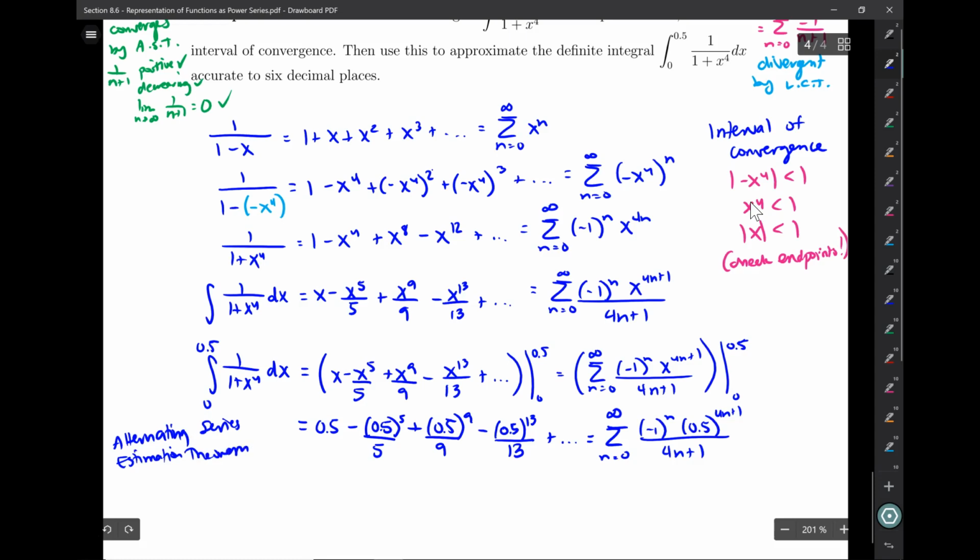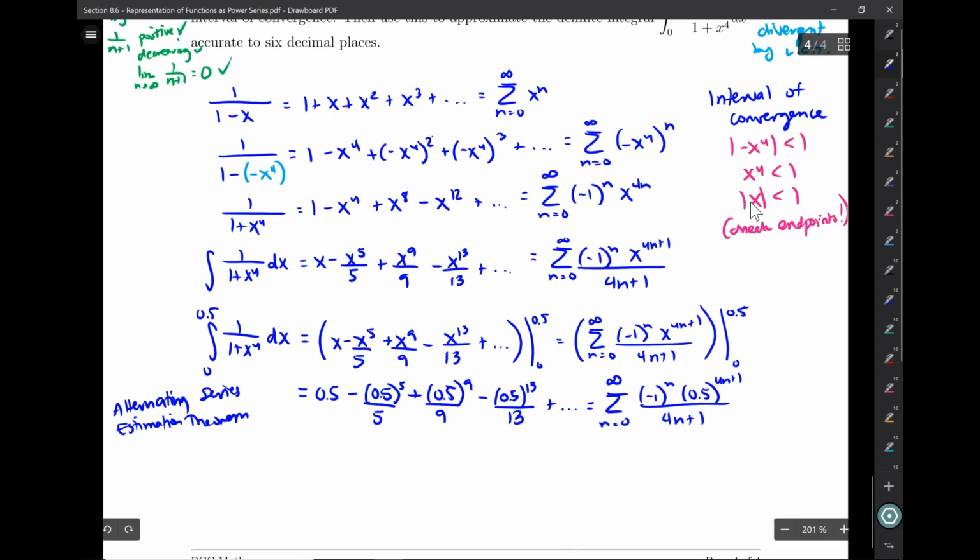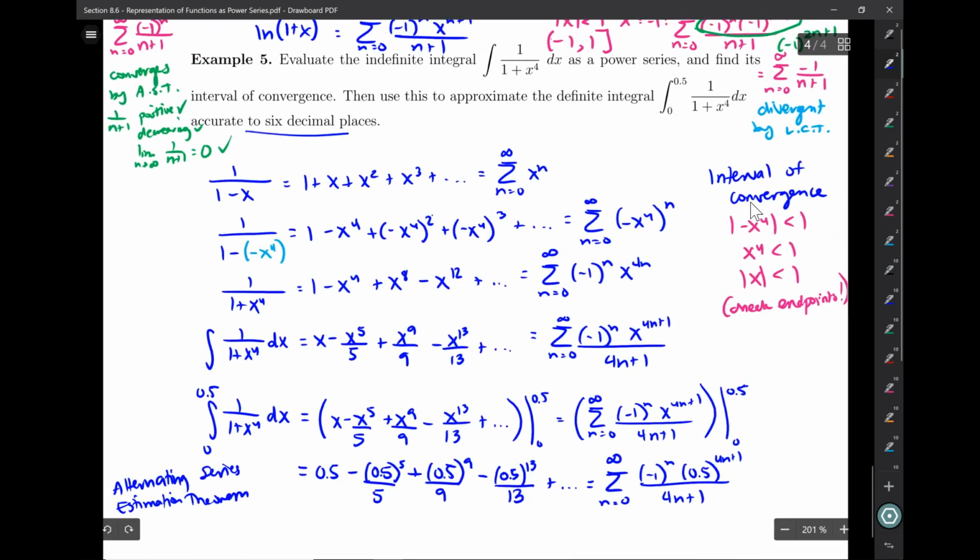Now recall that the alternating series estimation theorem states that essentially the partial sum is going to be as good as the next term. And that's because we're adding and then subtracting and then adding and then subtracting, etc. And so that means that the remainder is always going to have this bound on whatever the next term is. So what I can do is just look at these individual terms and see which one is smaller than up to 6 decimal places.